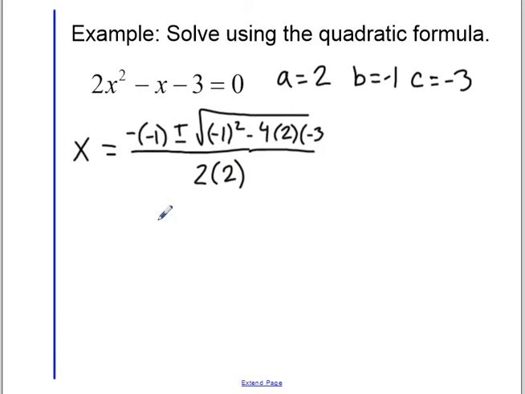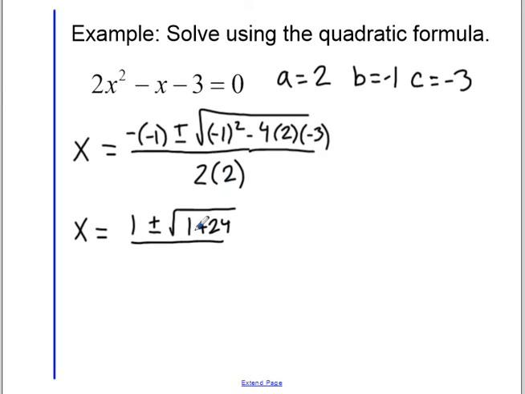Now this looks like a lot to do, but honestly it's just little bits and pieces of order of operations. So let's rewrite what we know. This negative and negative makes this a positive 1, plus or minus. Inside, 1 squared is just positive 1, and a negative 4 times a positive 2 is a negative 8. Negative 8 times negative 3 is positive 24.